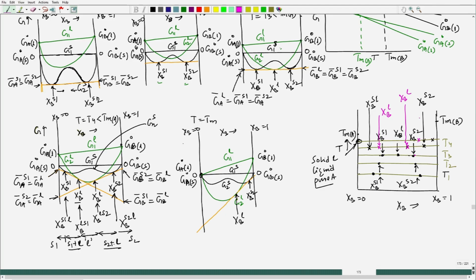So, this is X B of L, which is in equilibrium with S2, and this composition is X B of S2.